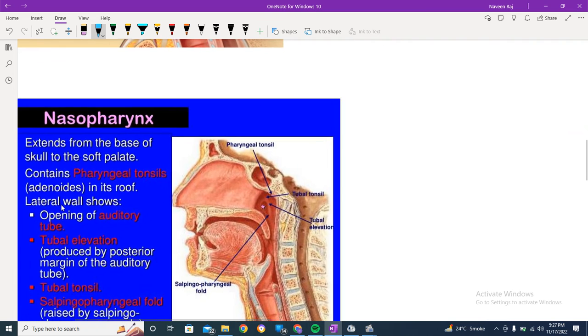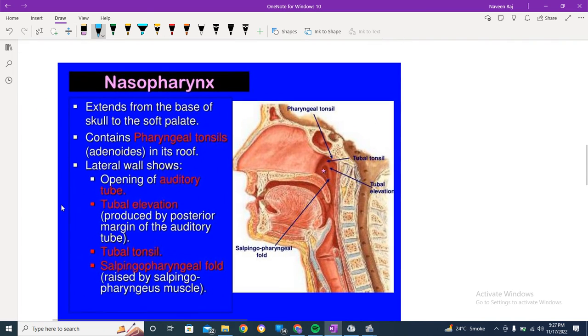Now let's talk about the nasopharynx. The nasopharynx extends from the base of the skull to the soft palate. Remember that the nasopharynx includes the brain section as well. It passes through the brain, like here, you're going to see it starts from here and goes till here, this region.